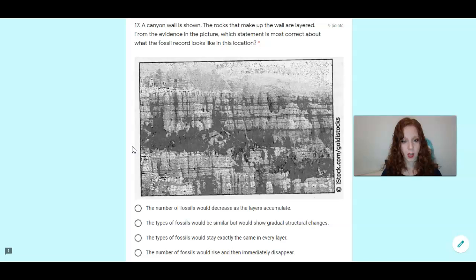Third option, the types of fossils would stay exactly the same in every layer. Now, I don't know if you've ever seen a picture of the Grand Canyon, but it's pretty deep. So there are thousands, if not millions, of years of layers built into the Grand Canyon.